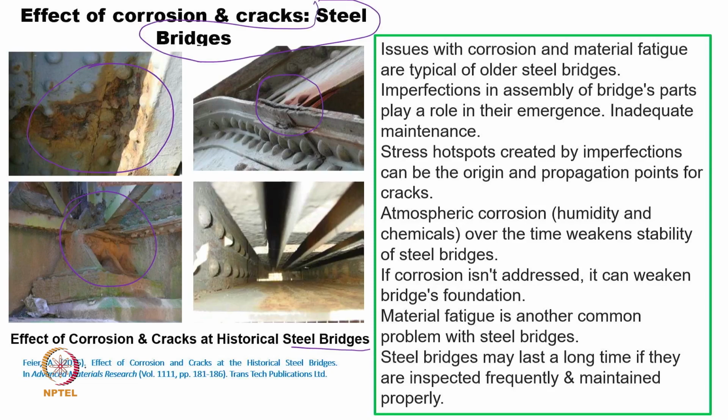Now, we have taken this from a 2015 reference, and they discuss the effect of corrosion and cracks, particularly covering some steel bridge failures which have really happened. If you ask me, in my view these are basically material fatigue and corrosion. These are the two phenomena which happen grossly in this kind of failure, particularly in steel bridges.